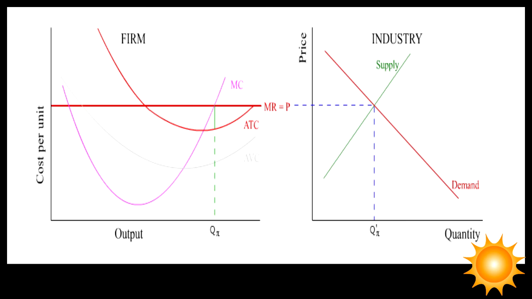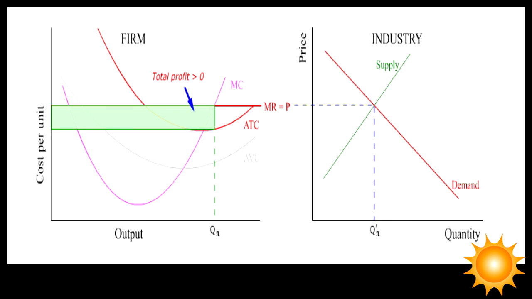In a perfectly competitive industry, the market price is determined by supply and demand. This market price then becomes the horizontal demand curve of the price-taking firm. When the market price is high, the firm makes a profit.